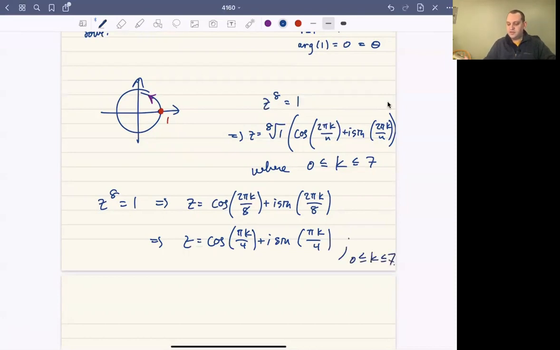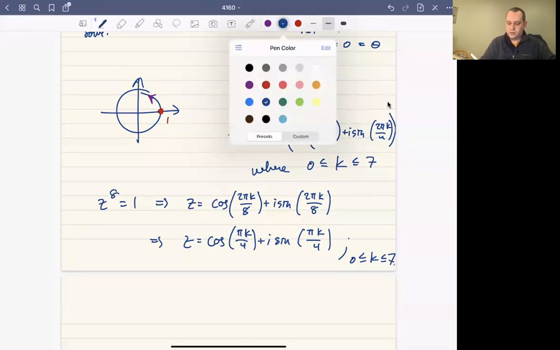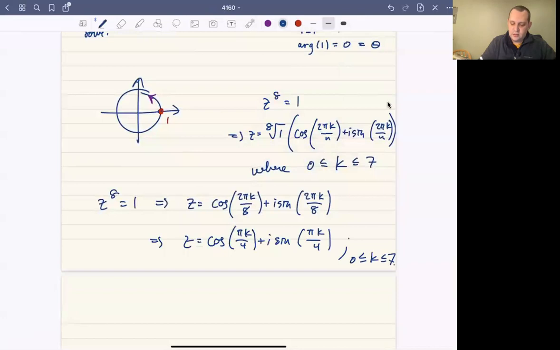When k is equal to 0, you end up with 1. Then k equals 1, 2, 3, 4, 5, 6, and 7. And when you get to k equals 8, you get back to 1 again. So that's why we only go from 0 to 7.